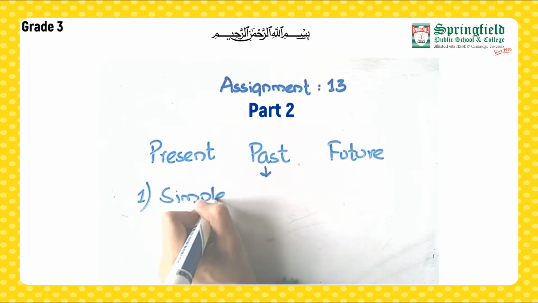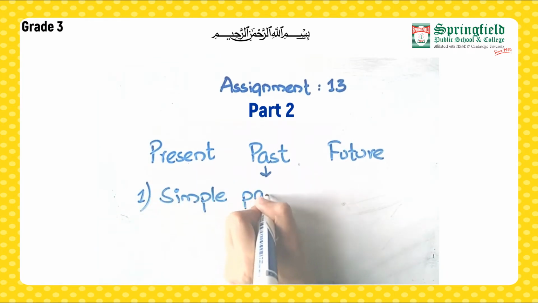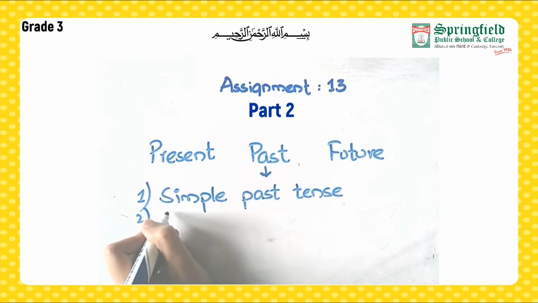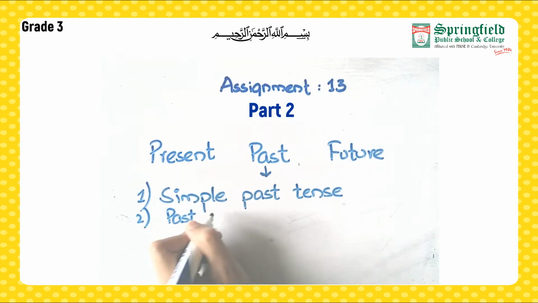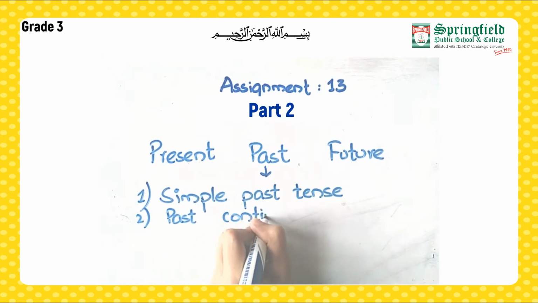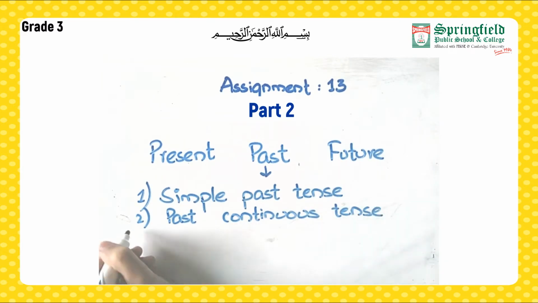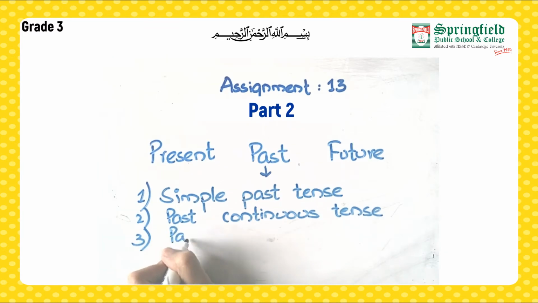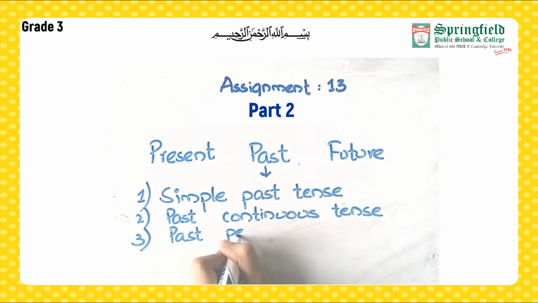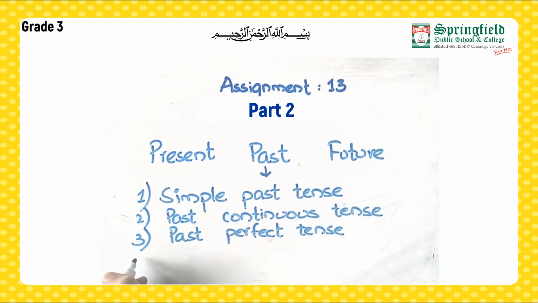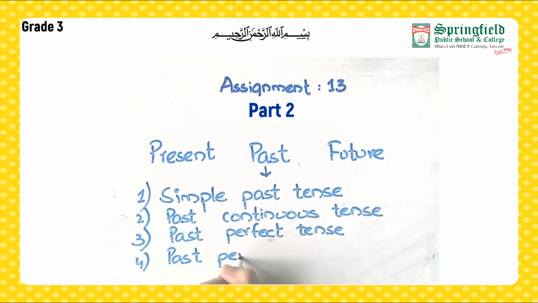We have got simple past tense, the first type, past continuous tense, second, past perfect, and fourth one is past perfect continuous tense.